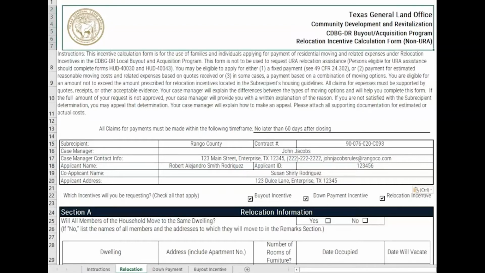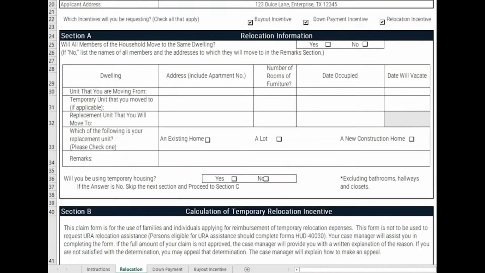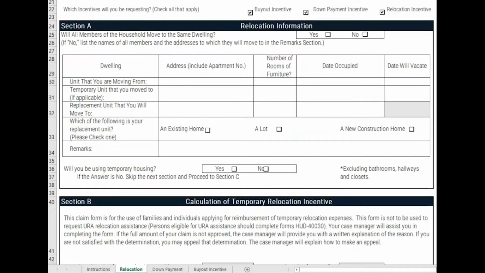Relocation Assistance Sheet, Section A. Section A is a table for the applicant to input information about the relocation to determine eligibility. In the first row, the applicant should check off whether yes, all applicants will or have moved to the same dwelling, or no, household members will move to separate dwellings.